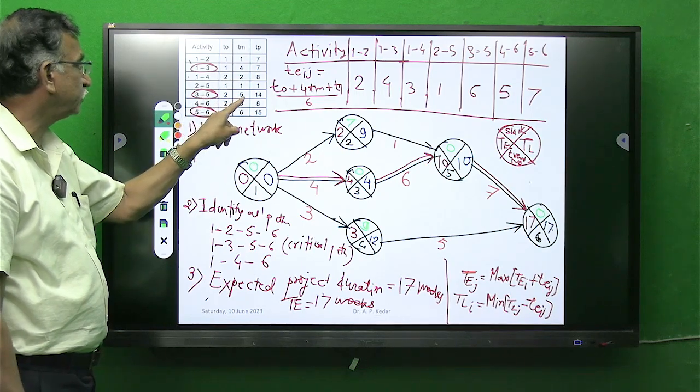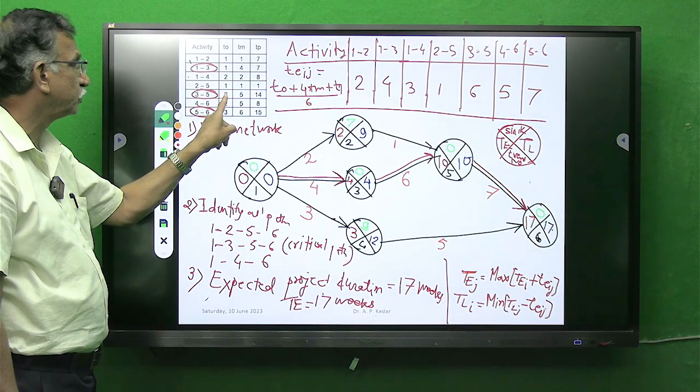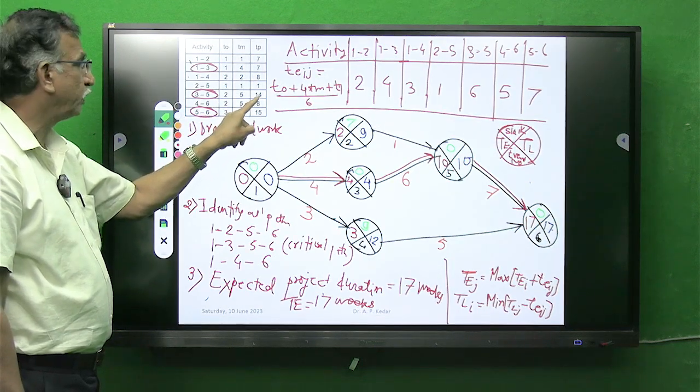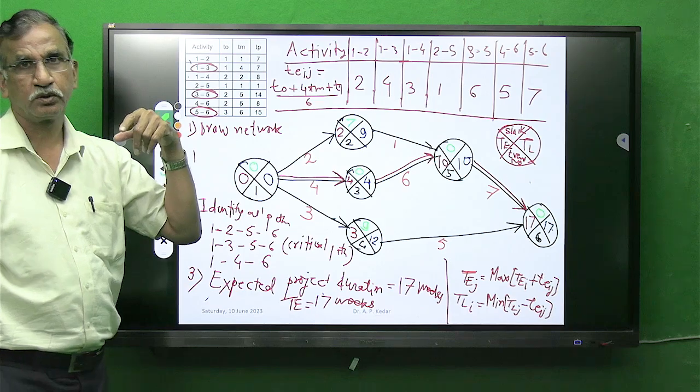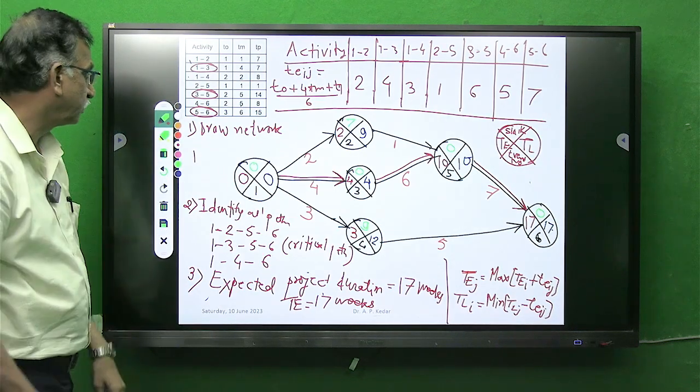For 3-5, it is 14 minus 2, 12. 12 by 6 is 2. Square of 2, 4.